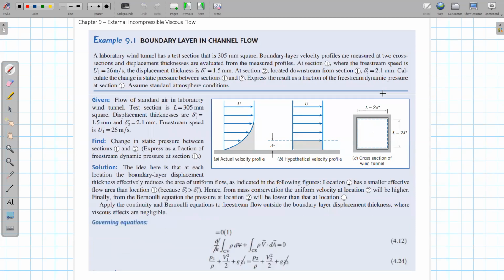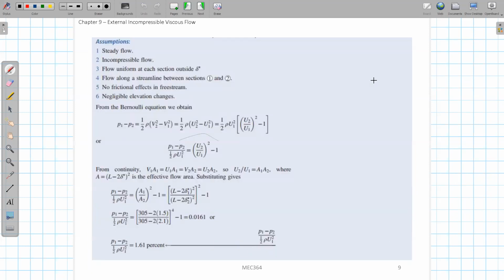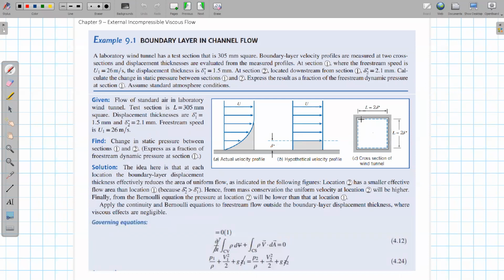Just assume that in this inviscid flow region, continuity is conserved. So we have U1 times A1 equal to U2 times A2. What are A1 and A2? They are the area inside this dashed line, and remember that the width of this dashed line is equal to L minus 2 delta star.